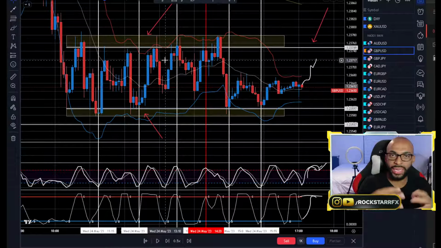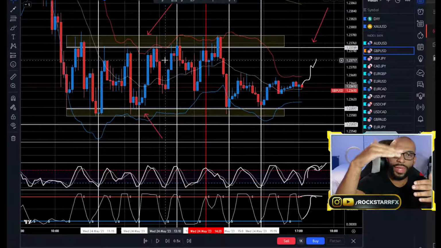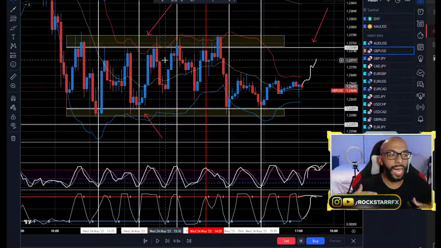So not get caught in those spikes that a lot of people get caught in, where you're in profit, then it shoots up, takes you out, you lose the trade, and then it goes back down to where you thought it was going to go. I want to avoid that.